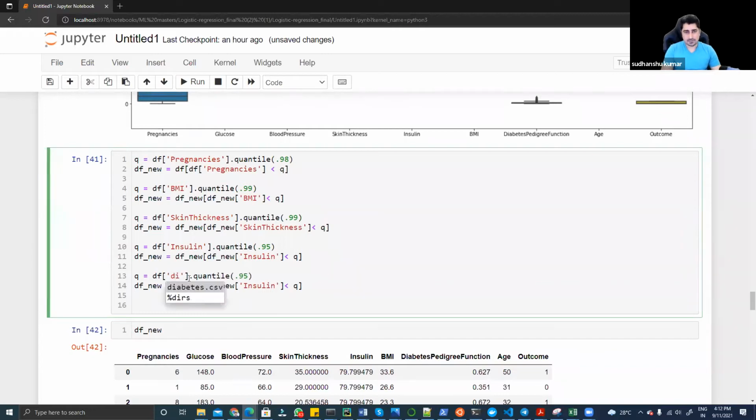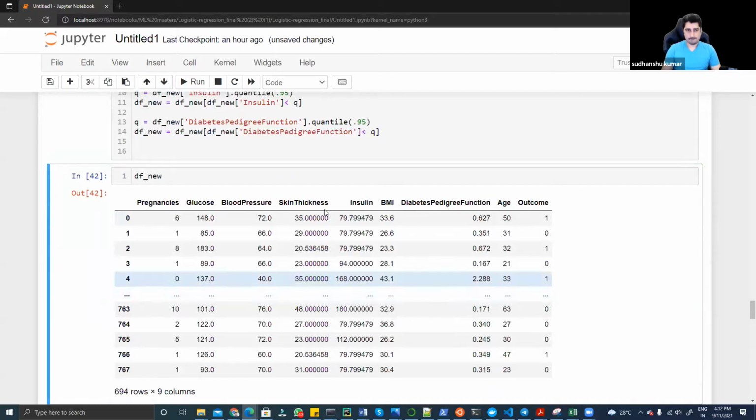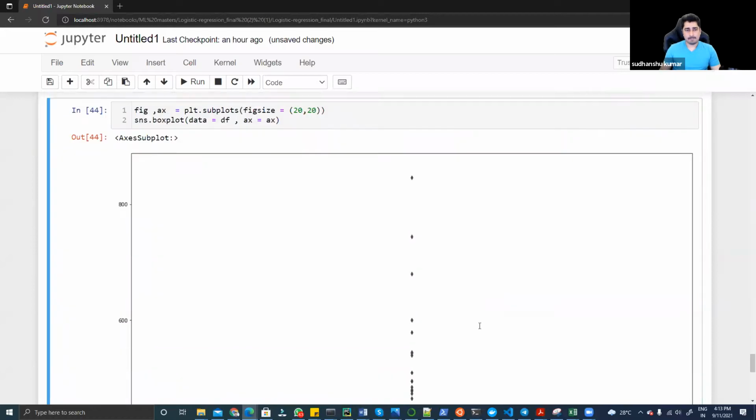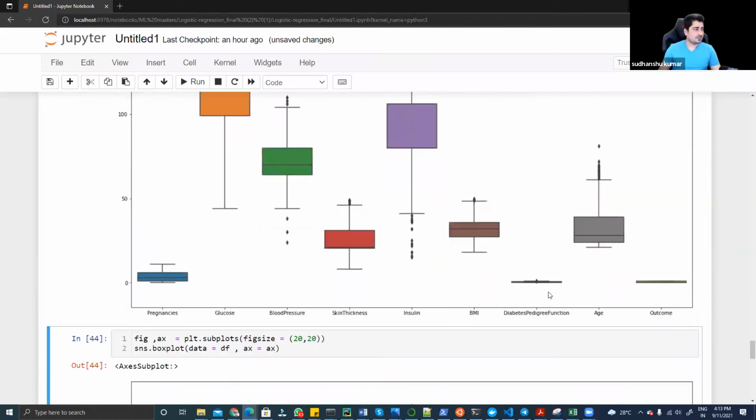Now maybe we can try to lose a certain set of the data for the diabetes pedigree function. Everything should happen with respect to DF new, diabetes pedigree function. Okay, so again over here, this treatment is done.